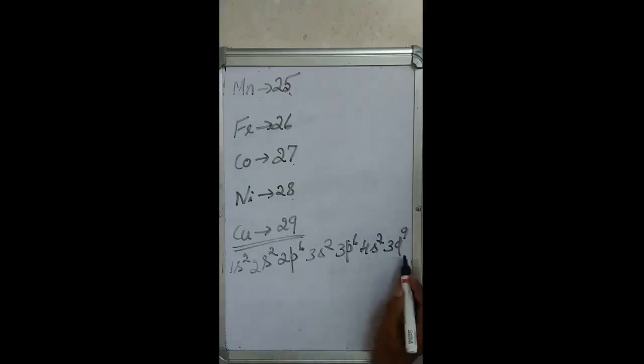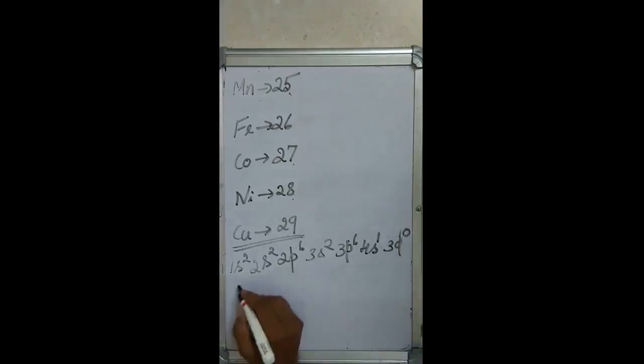But here what happened? Again, the electron present in the 4s, 1 electron, will jump to the 3d orbital. It becomes 3d10, to attain a stable, completely filled configuration.